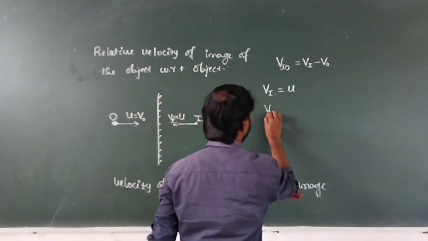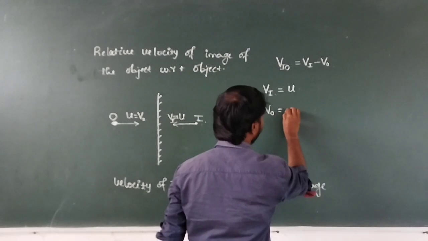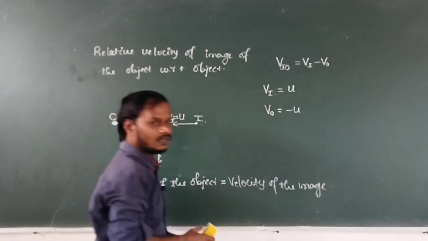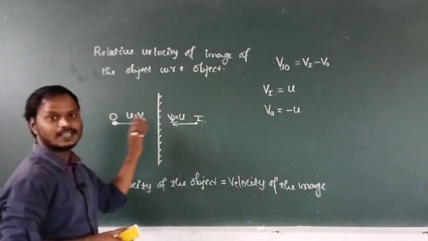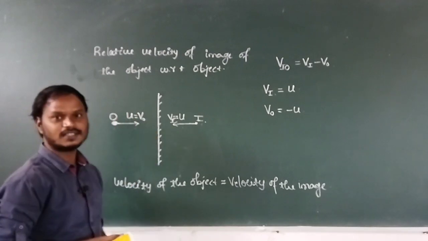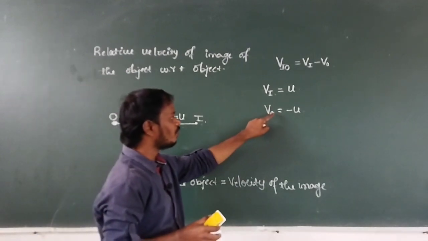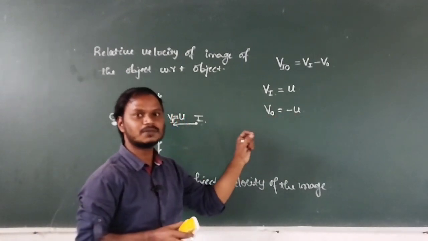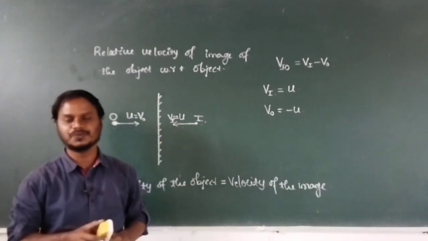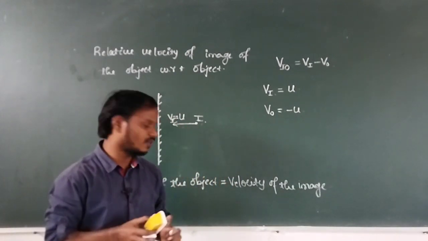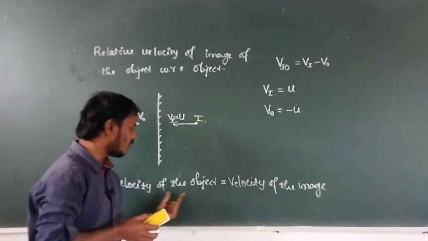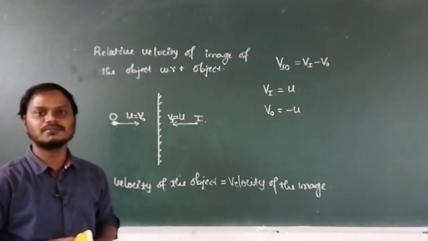And the velocity of the object can be taken as minus u, because the object is on the left side, that is why V_O is equal to minus u. But for both we are going to take u, because the velocity of the image and the velocity of the object are equal in magnitude.